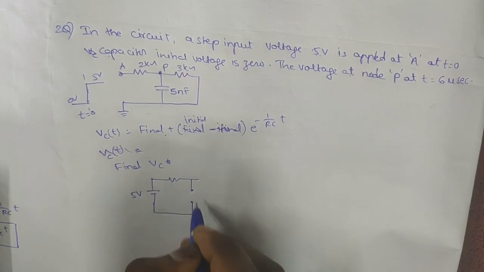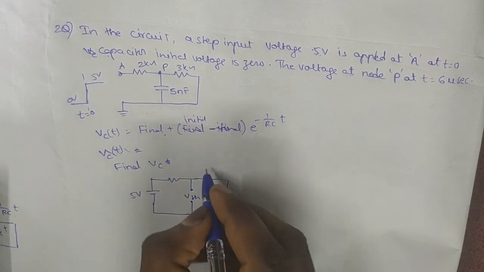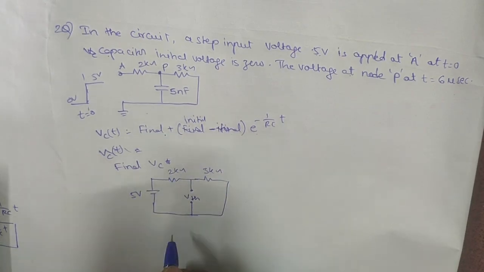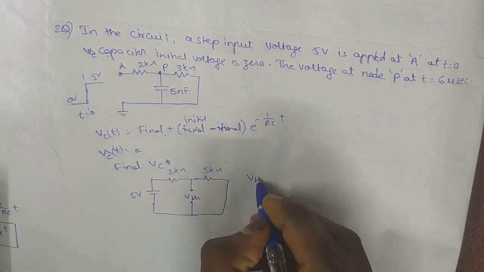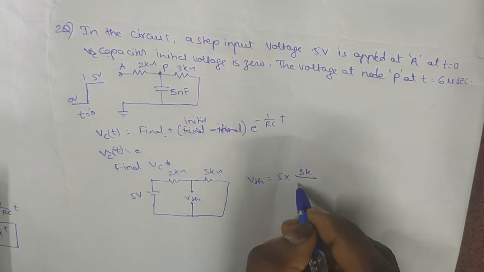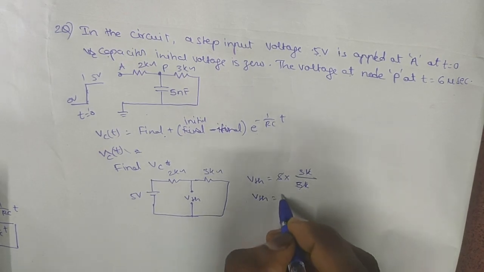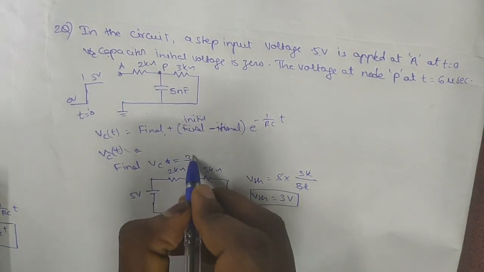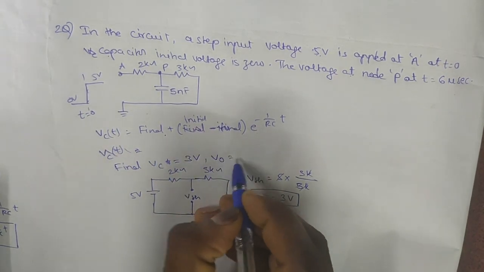We need to find the capacitor voltage, so we can use Thevenin's voltage, the open circuit voltage, across the 3 kilo ohm. So VTH is same as the 3 kilo ohm voltage: total voltage 5, this resistor by the sum of resistors 5 kilo, so the 5 will be cancelled out. VTH will be 3 volts. So the final value of capacitor voltage is 3 volts. Now the initial value they gave as 0, so V0 is equal to 0.